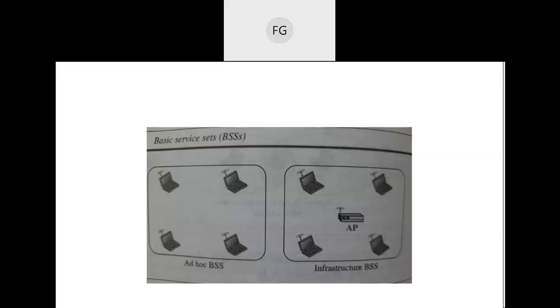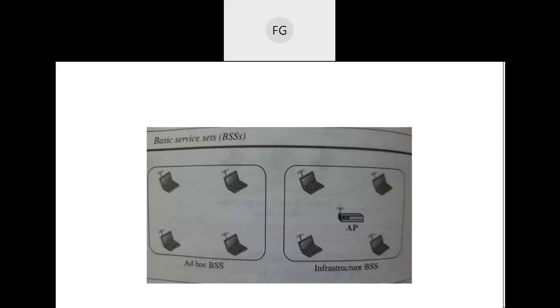Access point is nothing but a device that creates a wireless LAN. So in the first picture, that is the BSS without an access point, is a standalone network.